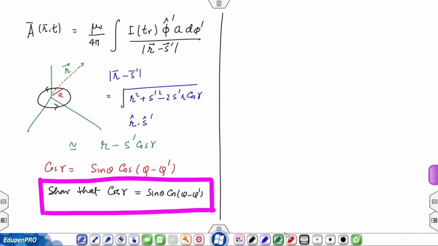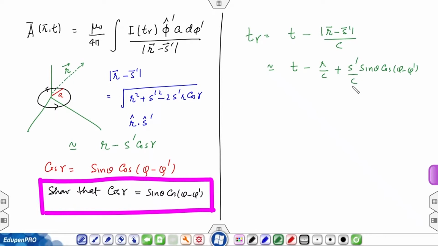And therefore, t retarded, which is t minus modulus r minus s prime over c, is going to be approximately equal to t minus r over c plus s prime sin theta cosine of (phi minus phi prime) over c.